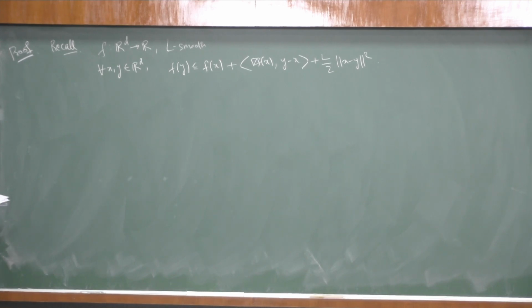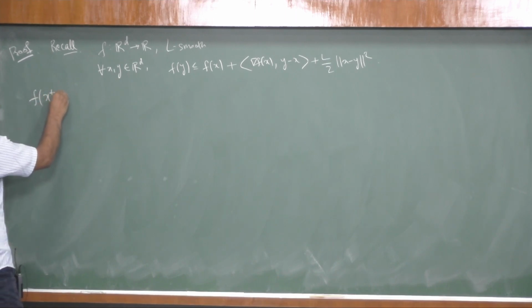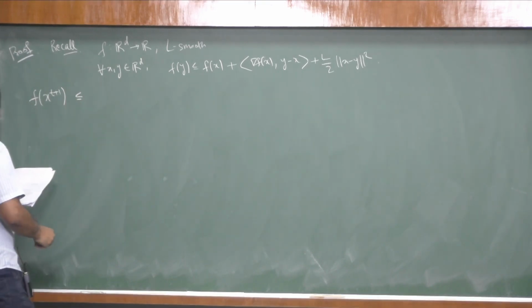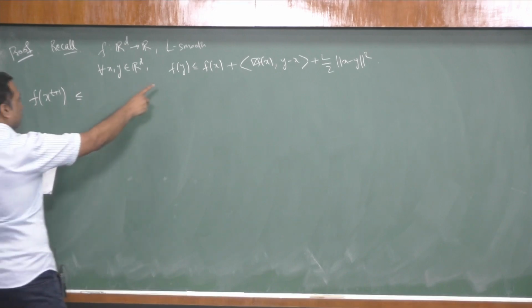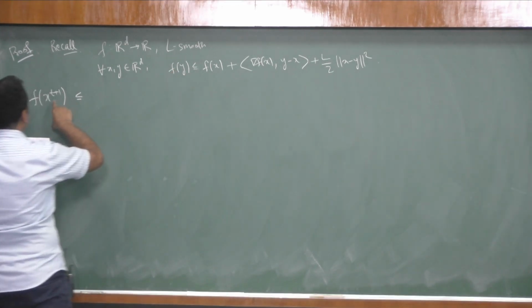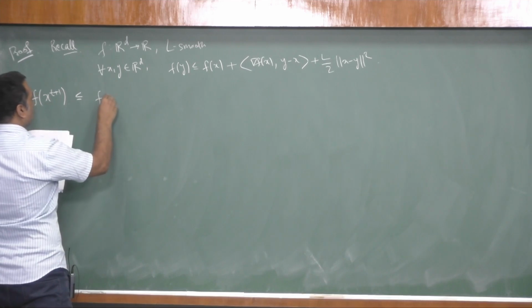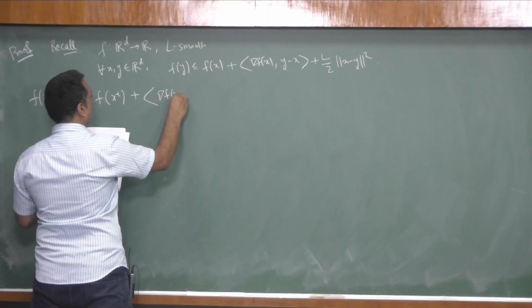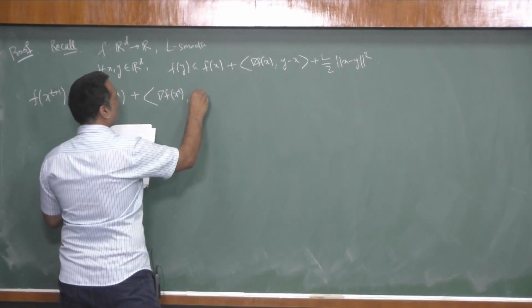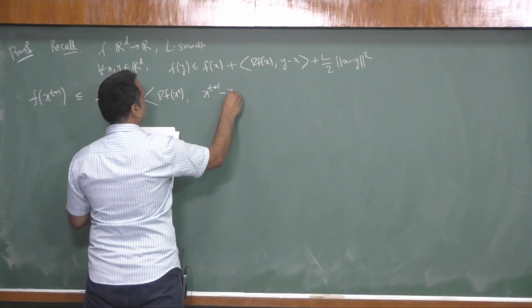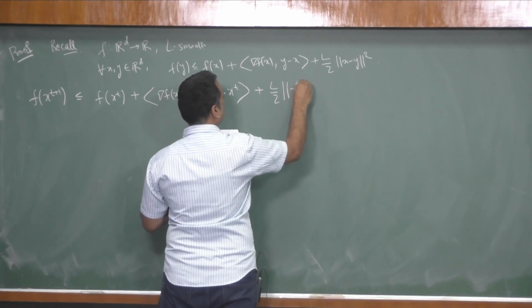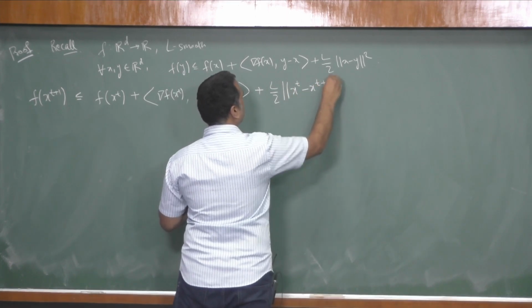So now let us start with f(x_{t+1}). This is less than or equal to, essentially this same expression, but in place of y I use x_{t+1} and in place of x I use x_t: f(x_t) plus grad f(x_t) times (x_{t+1} minus x_t) plus L by 2 norm of (x_t minus x_{t+1}) squared.